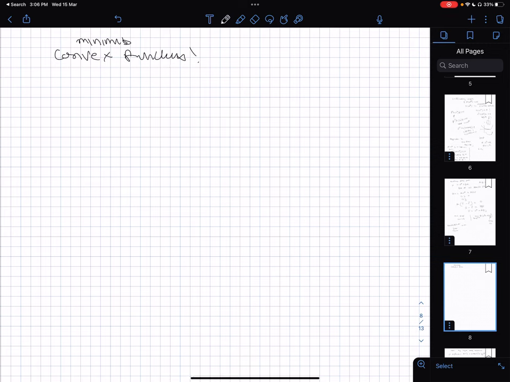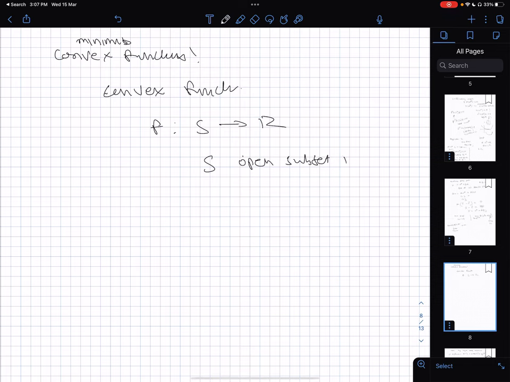In fact, there are books devoted to convex programming, as it is called. We first of all need to define a convex function. So let's say f is a function from a set S to R, where S is some open subset of Rn. It could be Rn itself. There is no problem.